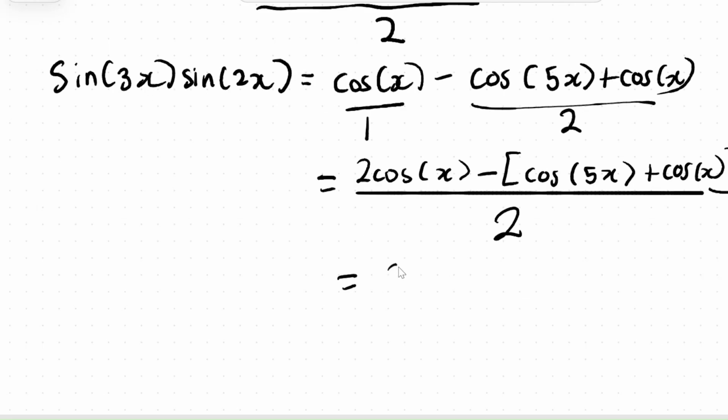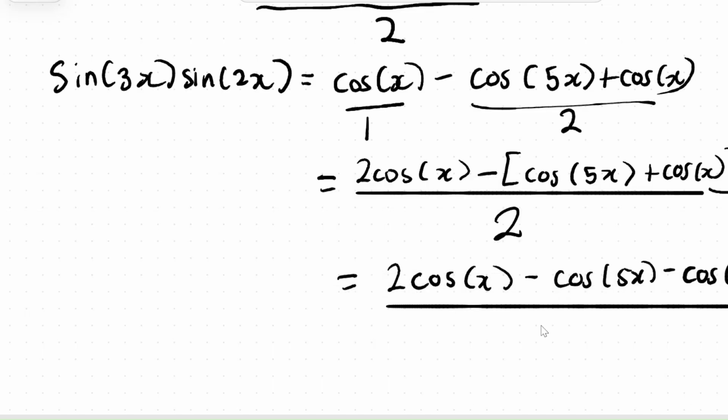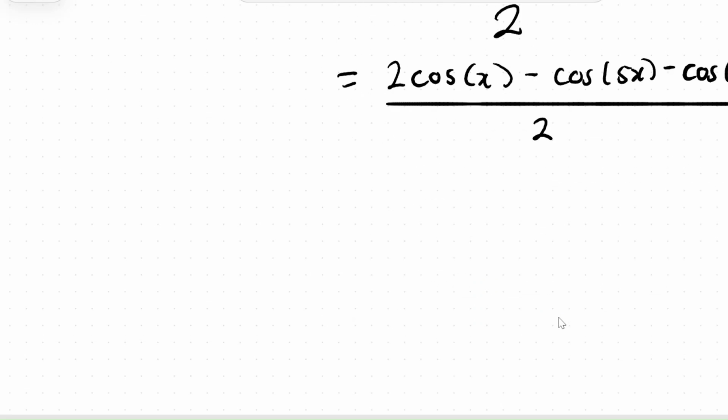We can break this down and say this is going to give us 2 cos of x minus cos 5 of x minus cos of x, all divided by 2. And what's 2 minus 1? Well, 2 minus 1 would be 1.